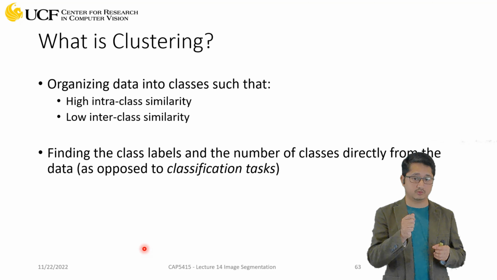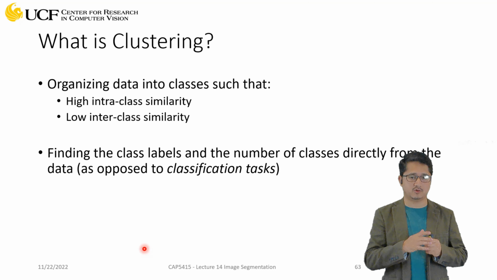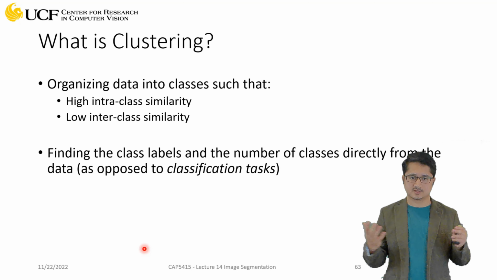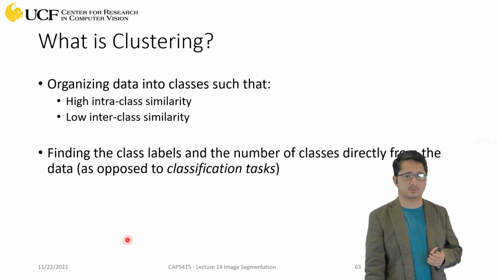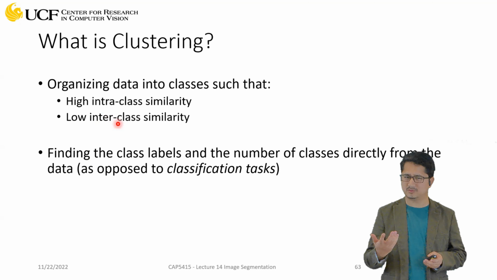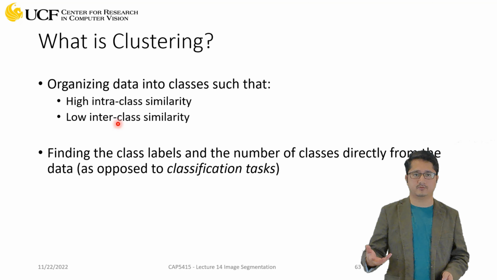You use those labels to compute your loss function and then train your model. In the case of clustering, you don't need any labels, so it's completely unsupervised. Even these two objectives you can compute by themselves, without labels. You directly learn from the data itself.